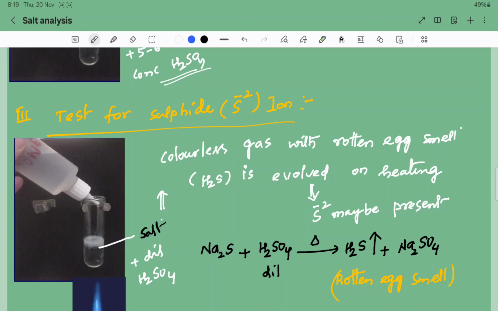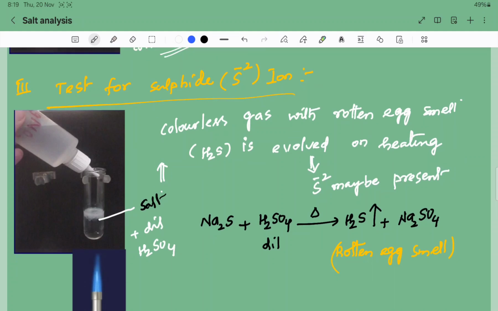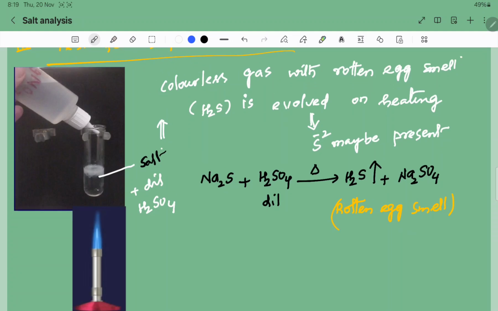Then we move to the third test, the test for sulfide ion. This is very, very important, student, because in the 2025 Advanced paper 2, a question came from this sulfide only. We will discuss that question later. Usually, take the salt and add dilute H2SO4, followed by heating.